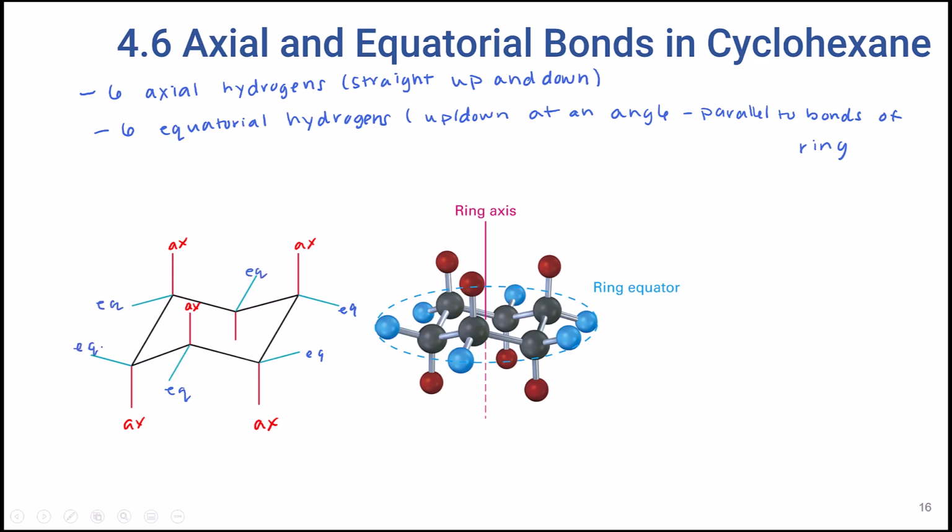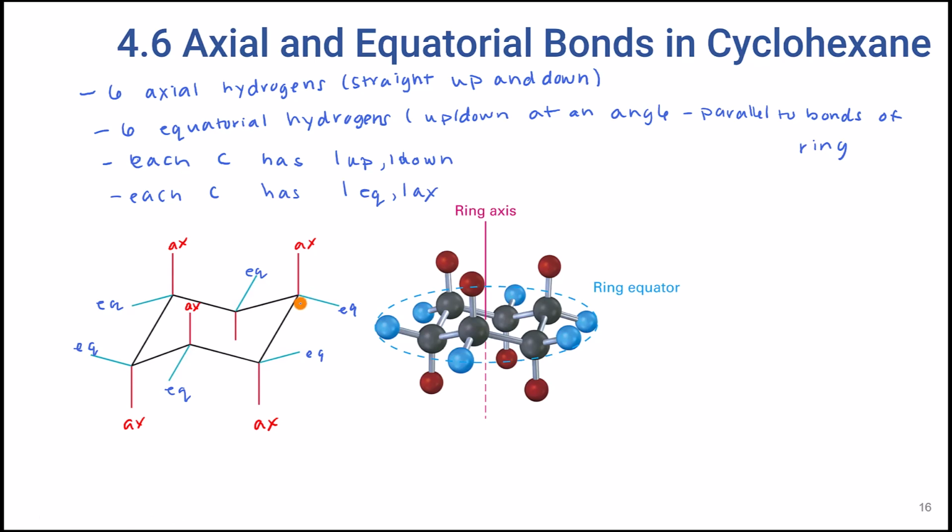So each carbon has a group that's up and one that's down. And each carbon has one equatorial, one axial. And those rotate around each of the carbons.